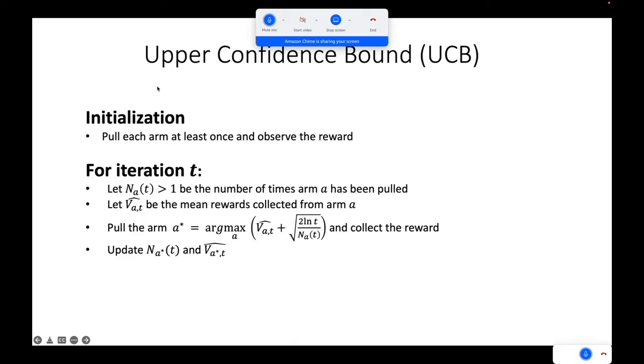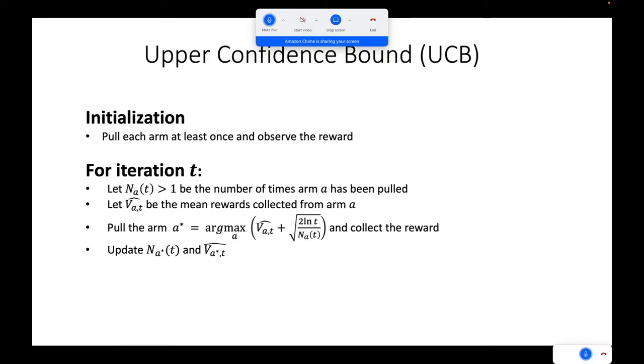This is how the algorithm proceeds. For each arm, we need to pull it at least once and observe the reward. We maintain a few counters. There are two sets of counters, one for the number of times we draw an arm, and the second stores the mean reward we have observed up to this point for each arm.